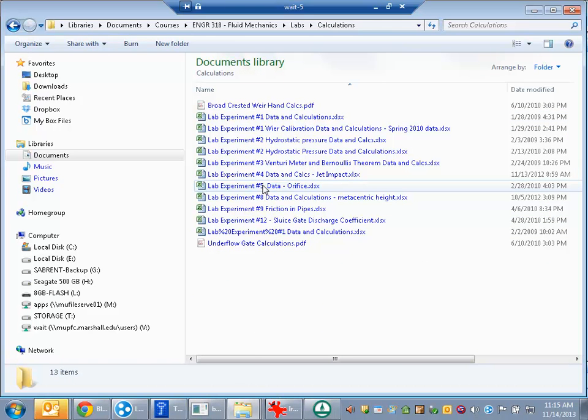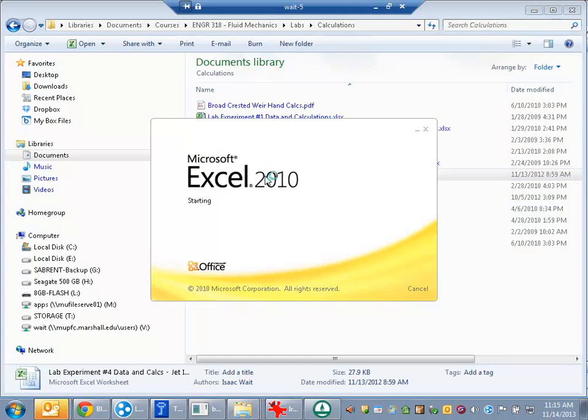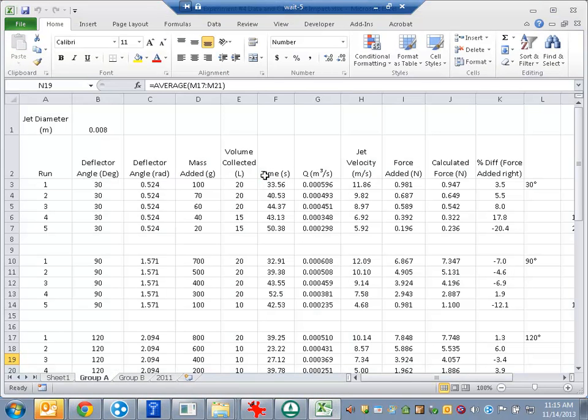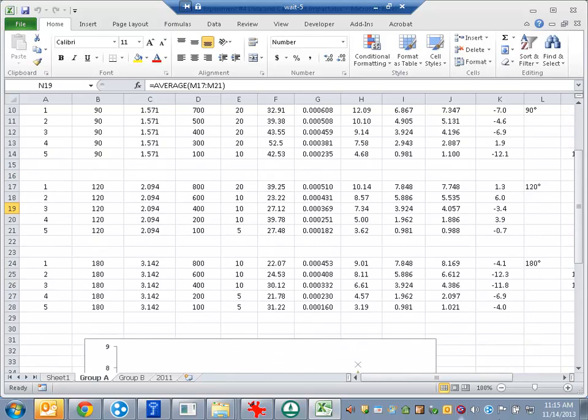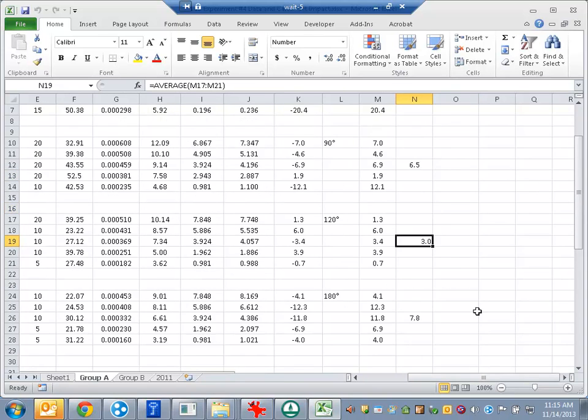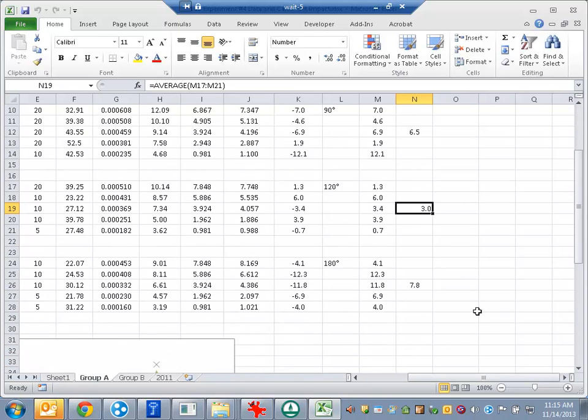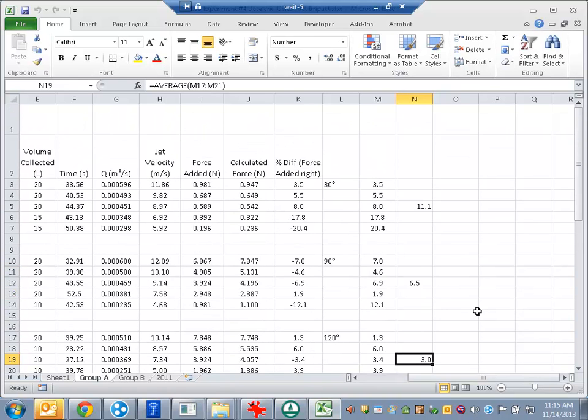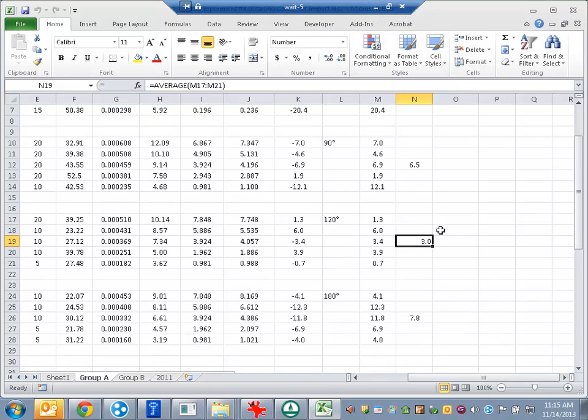All right, for the jet impact, between 3 to 11% difference is what I got when I did this in the lab.